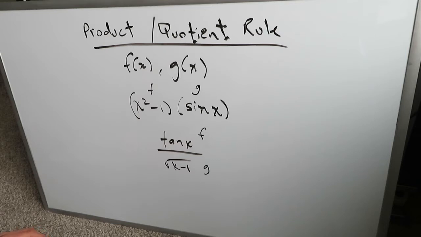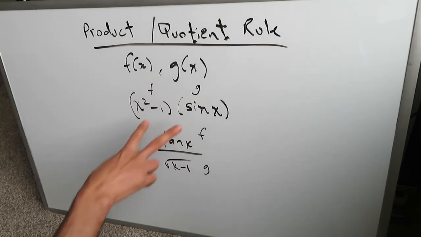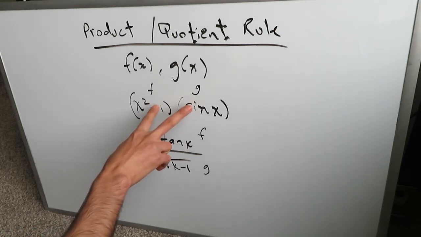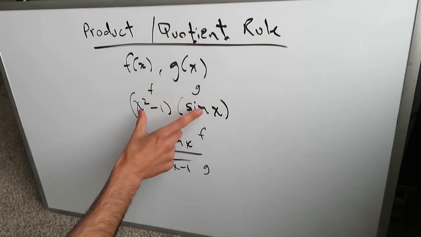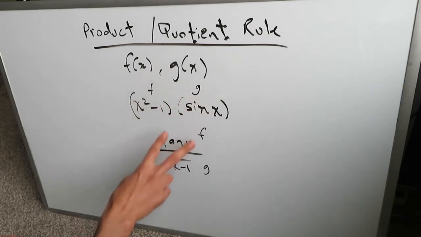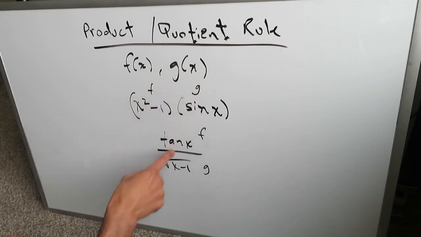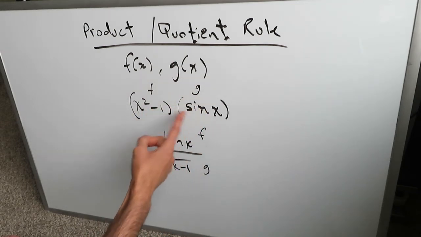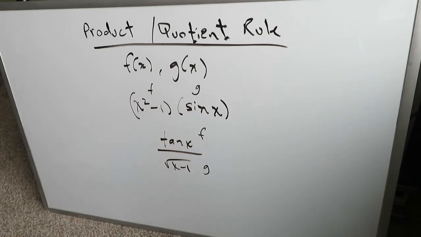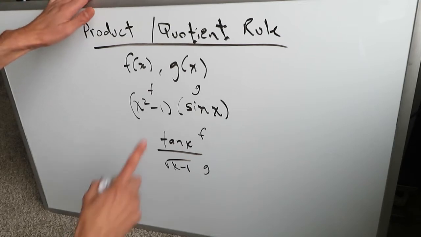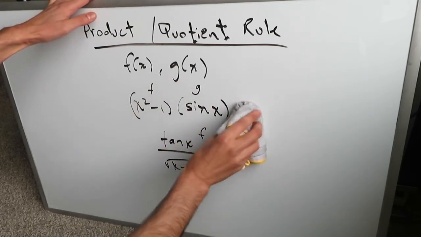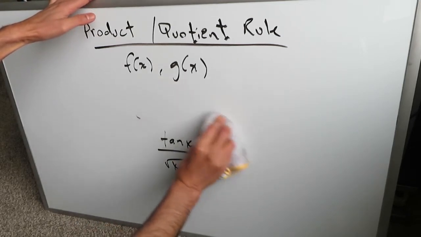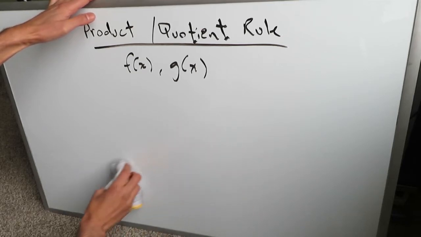Keeping this in mind, this is how we want to do our templates, because we're dealing with two functions which are combined together in your question, but separately you can identify them as two different functions: f of x and g of x. But in one situation they're in a product relationship, in another situation they're in a quotient relationship. So as I show you the scheme or the template next, keep these f and g letters in your mind and see how they're related to each other in the product and the quotient form.